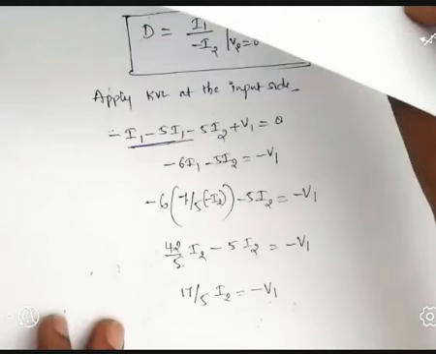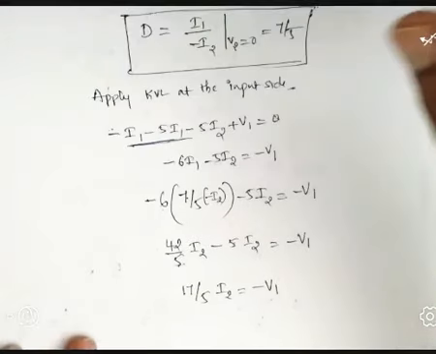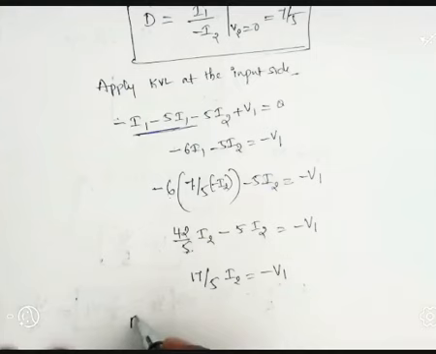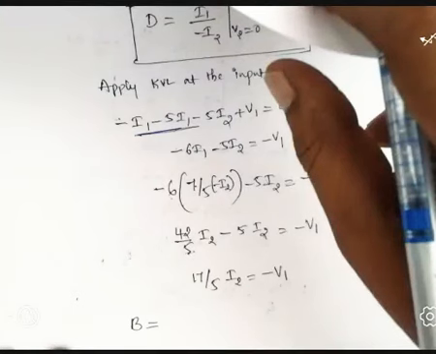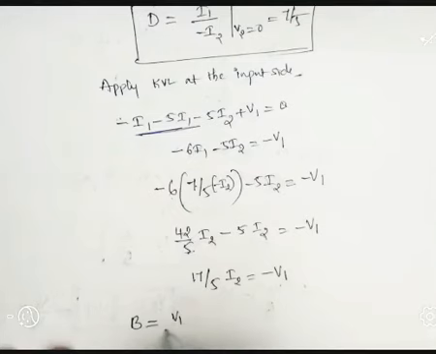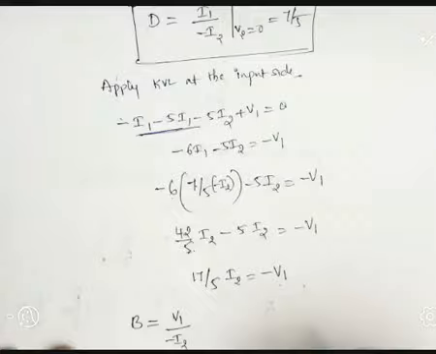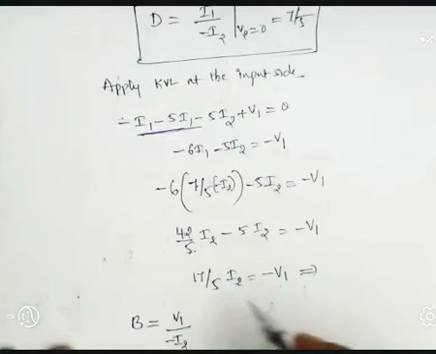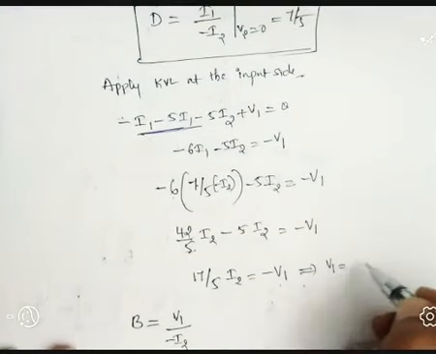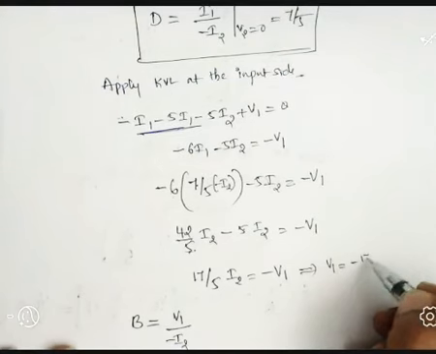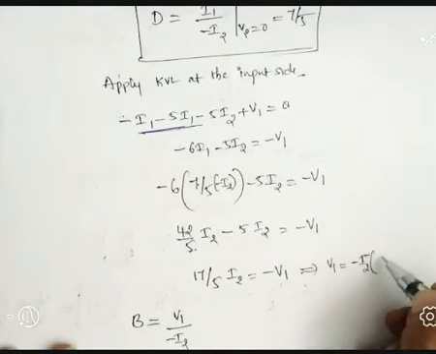Next, we know the parameter B. The parameter B is the ratio of V1 by minus I2. So let us multiply these two equations by minus 1. V1 equal to minus I2 into 17 by 5.